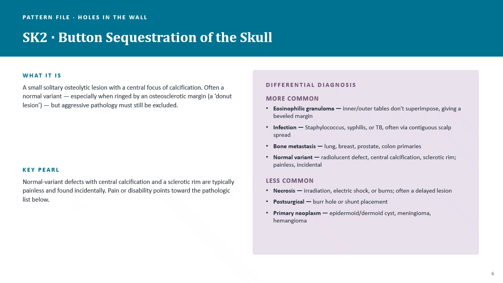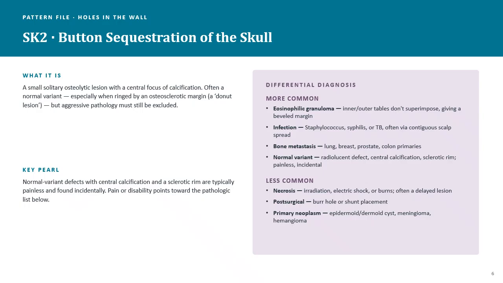If the patient has pain, if there are symptoms, or if the lesion looks very aggressive and we see areas of bone destruction, they start to become a lot more concerned about what type of pathologic process is happening behind the scenes. So again, with our button sequestration, it's a small round skull defect.